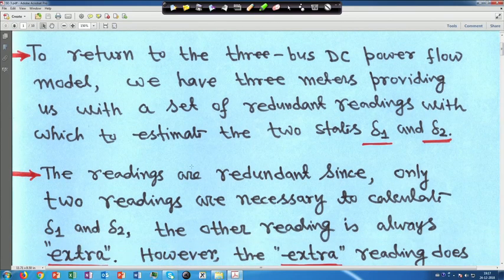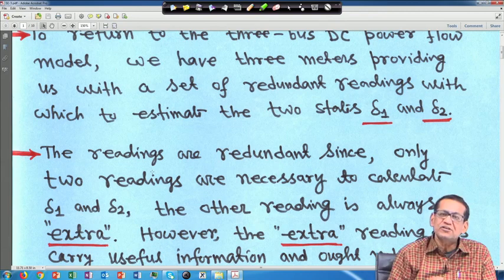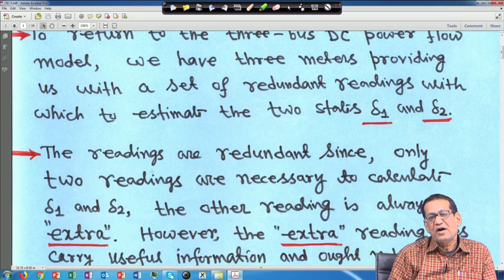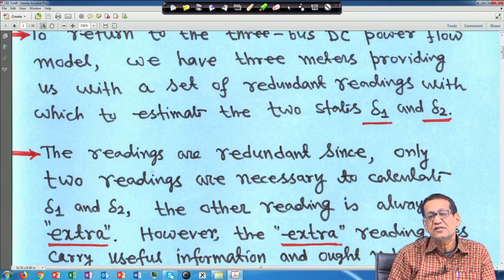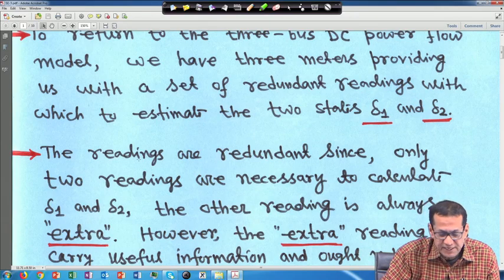The readings are redundant, since only 2 readings are necessary. You have 3 readings, but in every case we found that 1 reading is actually not necessary. But we have to find some methodology such that we can consider all the readings and get the best estimate of delta 1 and delta 2, right.